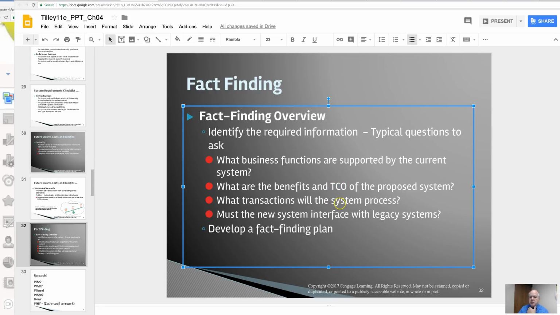What transactions will the system process? Again, making us think about the details of our system. Thinking of a server, what kind of transactions does a server manage? Samuel, in authentication of computers, what transactions are being processed?